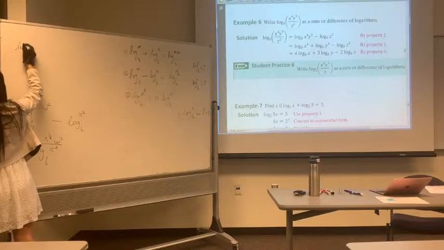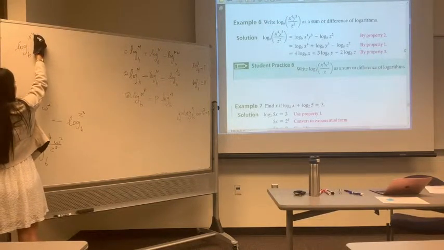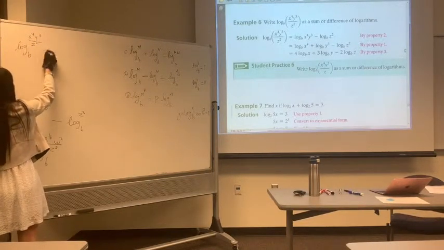We have log base b, and we have an argument like this: x power 4, y power 3, divided by z power 2.